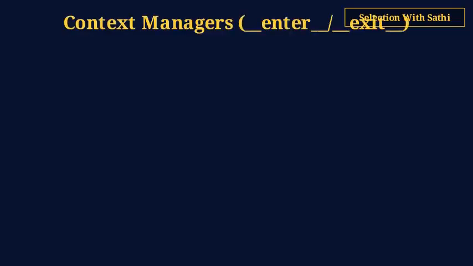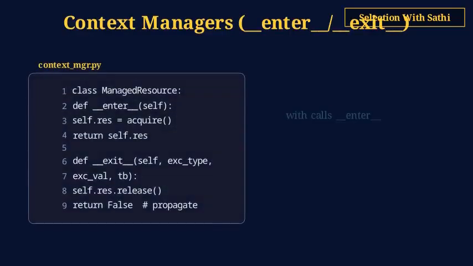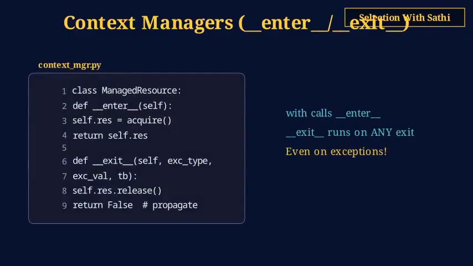A context manager is any object that implements __enter__ and __exit__. When you write with obj as x, Python calls __enter__ and binds its return value to x.